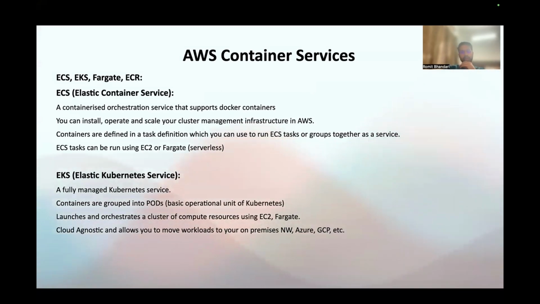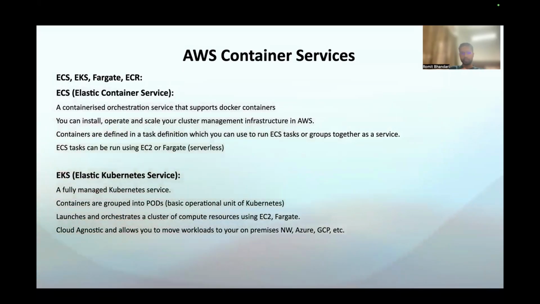You can install, operate, and scale your cluster management infrastructure in AWS, and they are defined in a task definition, which you can use to run ECS tasks or group together as a service. ECS tasks can be run using EC2 or Fargate. So Fargate and EC2 are engines. These are container services.